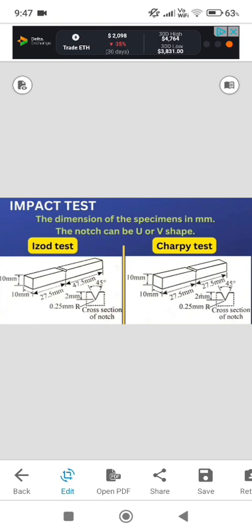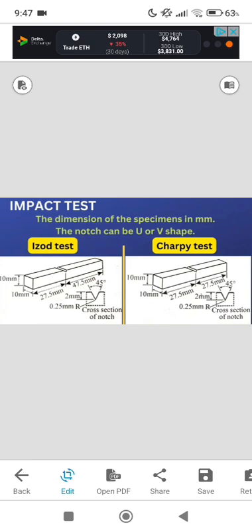The notch can be U or V shape. The length of the Izod specimen is 75 mm, which is divided into two portions. One portion is 47.5 mm and the other portion is 27.5 mm. In the middle line, we create the notch. The notch should be 2 mm deep, at a 45-degree angle, with 0.25 mm radius.